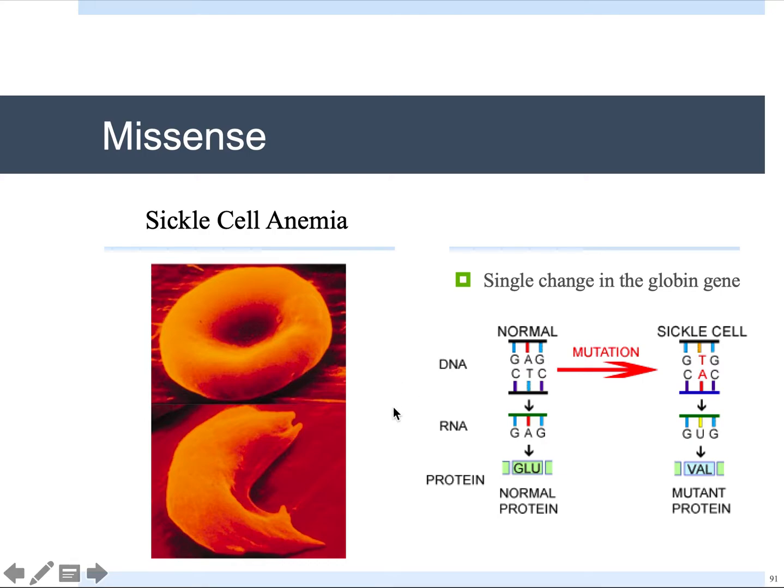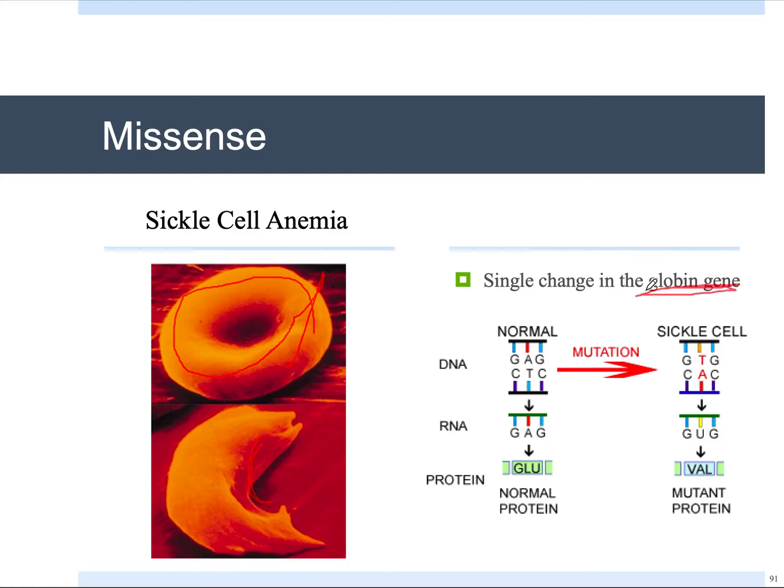In real life, practically, how do these changes affect organisms? So we take humans, for instance. We have people who suffer from sickle cell anemia, and the shapes of their red blood cells, a number of them have the sickle shape instead of this circular shape. Now there's a gene that codes for the globin protein, which is in hemoglobin.